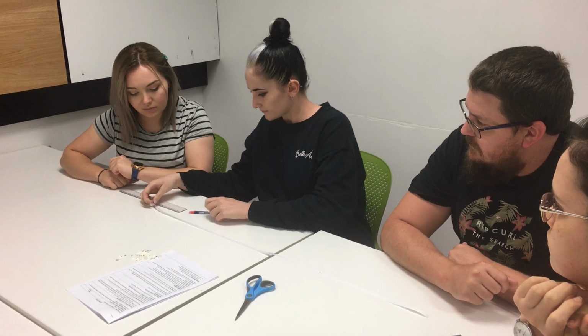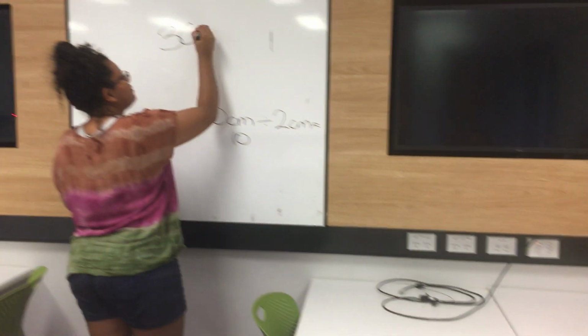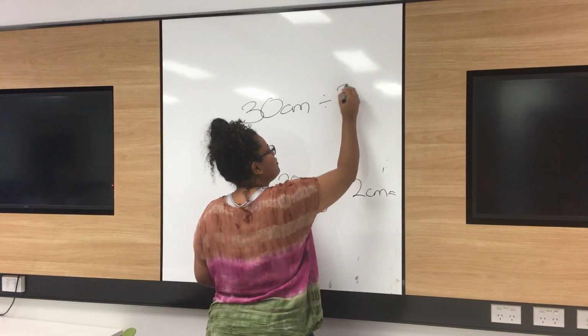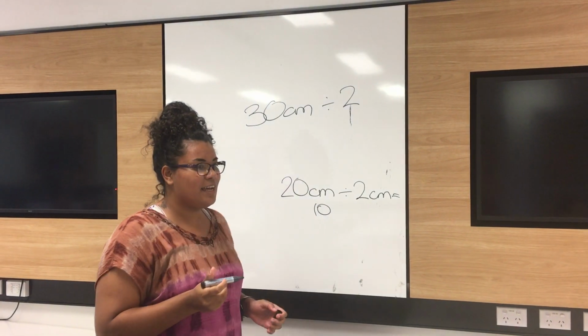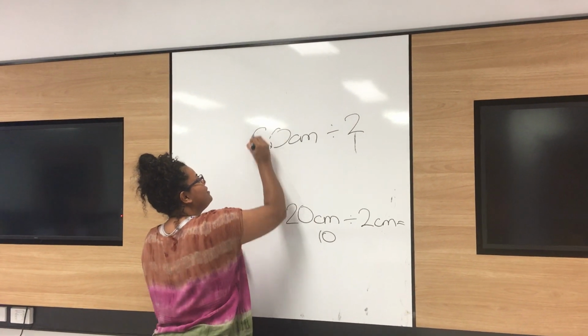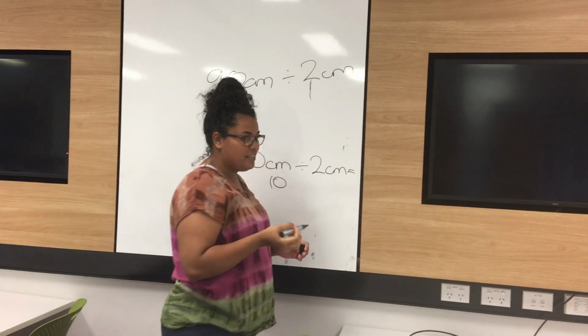Your piece is 90 centimetres, and we're going to divide it by 2 centimetres for each letter.